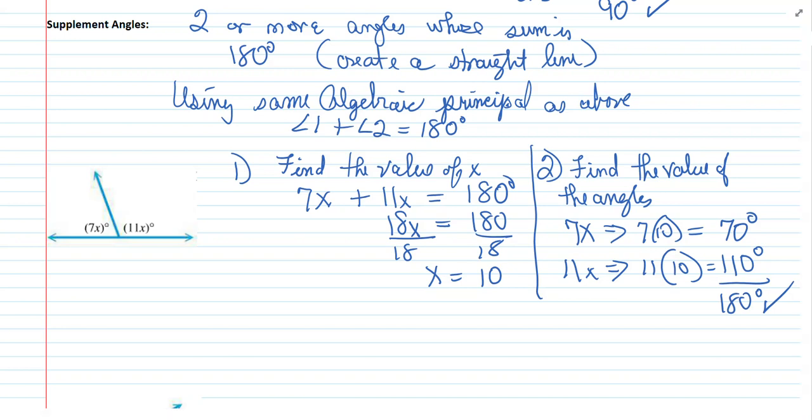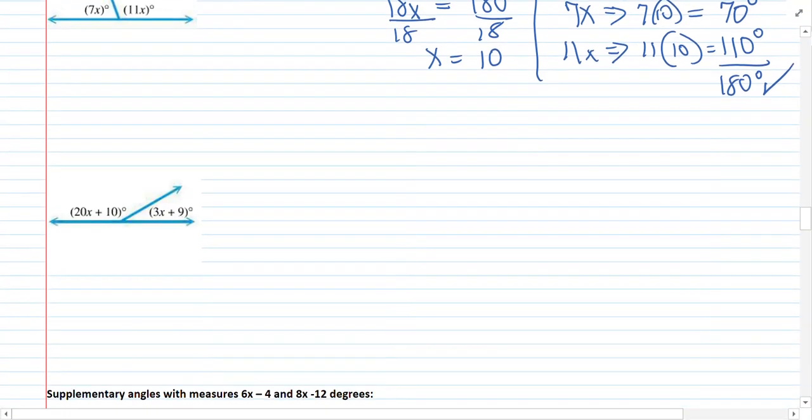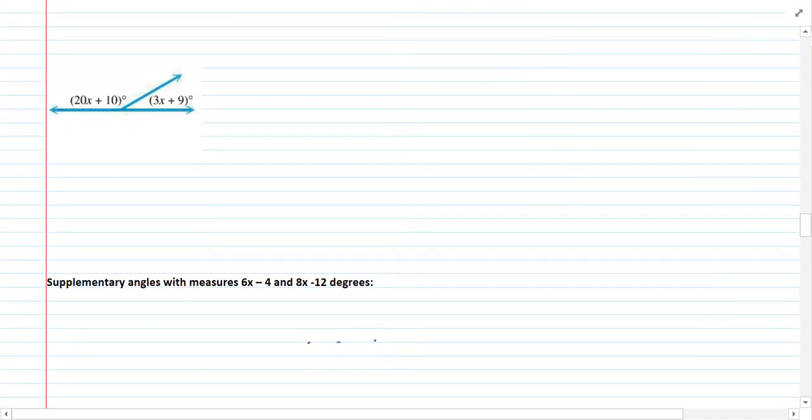Now you can see that the algebra is simple. Nobody's panicking. Well, of course, we're going to have another example. Here we have constants attached to the angles. We have angle 1, and we have angle 2, and they create a straight angle.